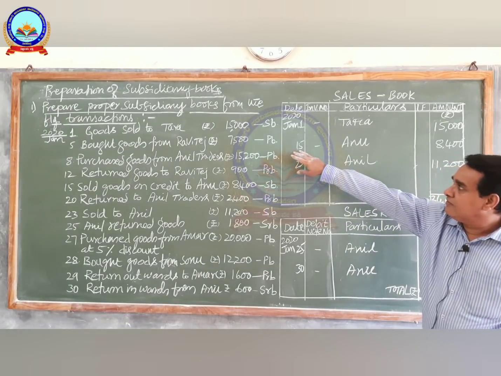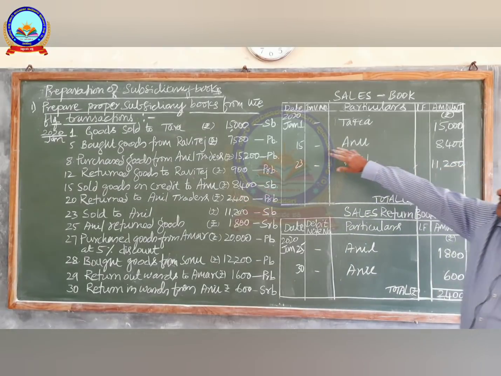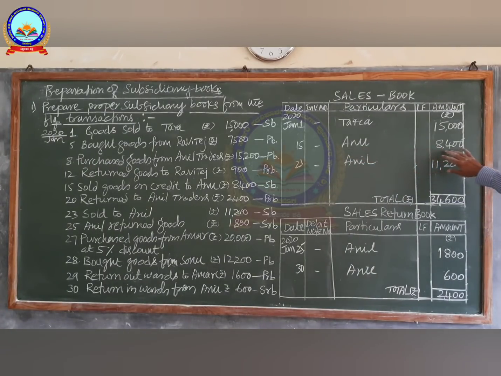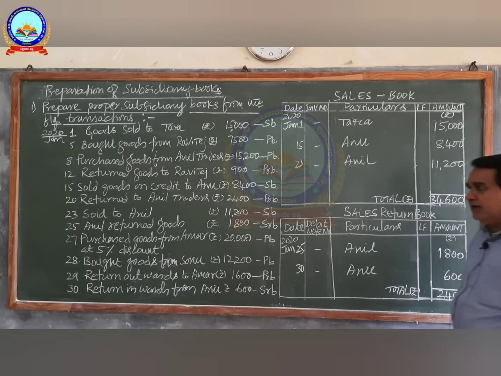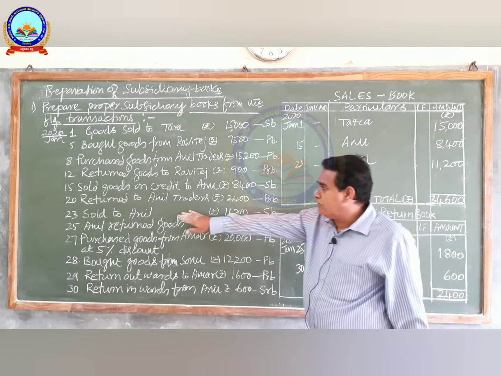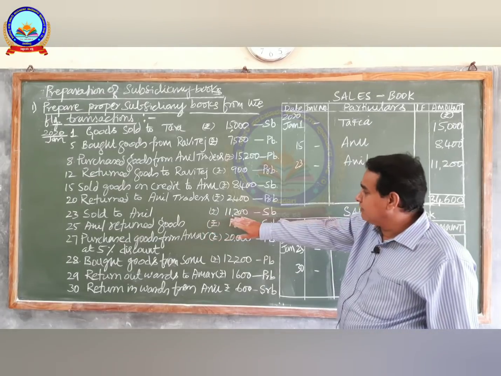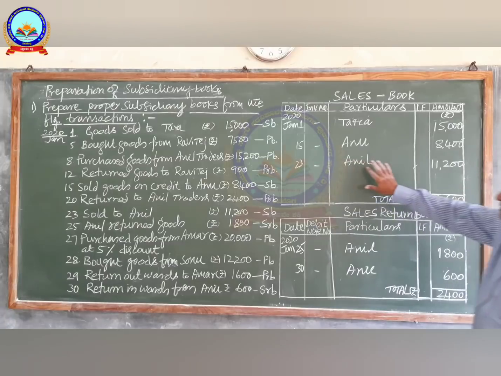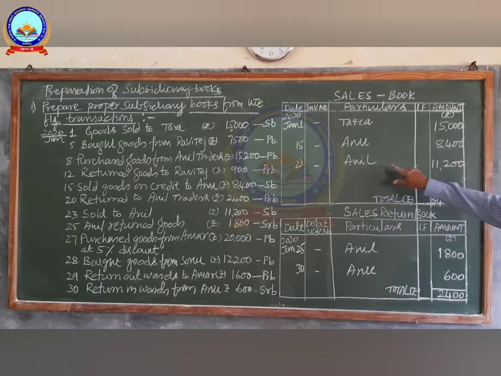Enter the date 15, write the customer name Anu, the value of sales is rupees 8,400, recorded in the amount column. Next, on 23rd, sold goods to Anil on credit, 11,200. Date 23, customer name Anil, amount rupees 11,200.